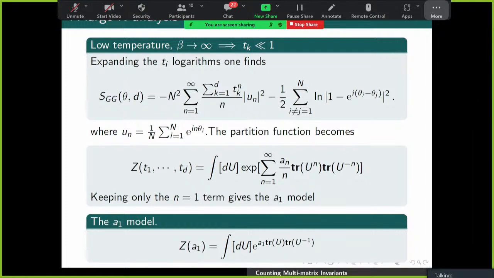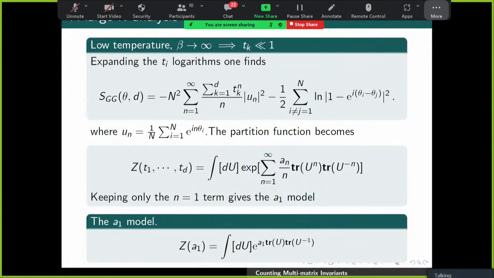So if we expand it as beta goes to infinity, which is the low temperature limit of the system, we can expand the logarithm here. You can see the expansion in terms of t. I shouldn't expand the Vandermonde, but if I expand in the first term, we can re-express it in terms of mod of u_n squared with some variable in here.